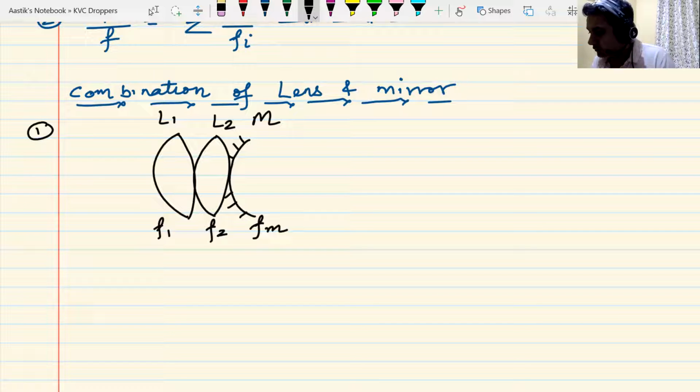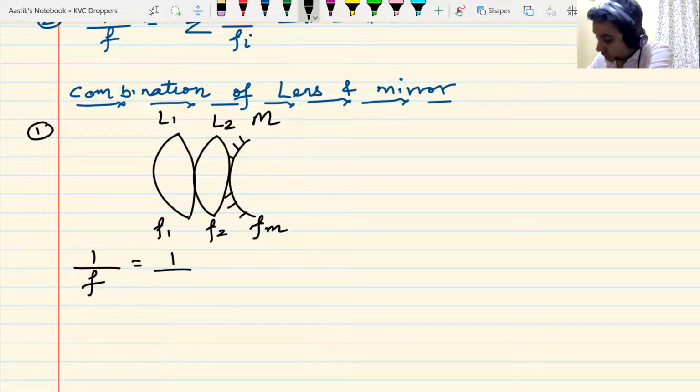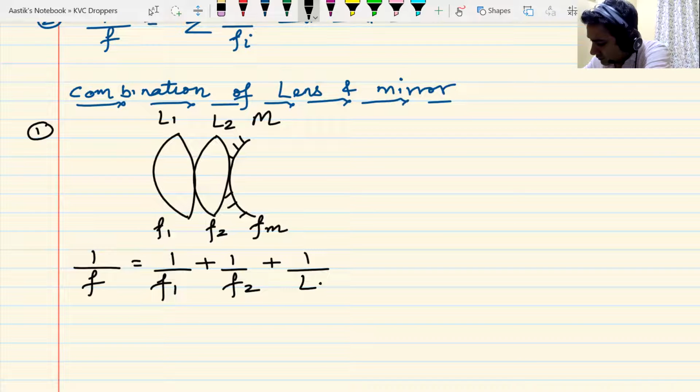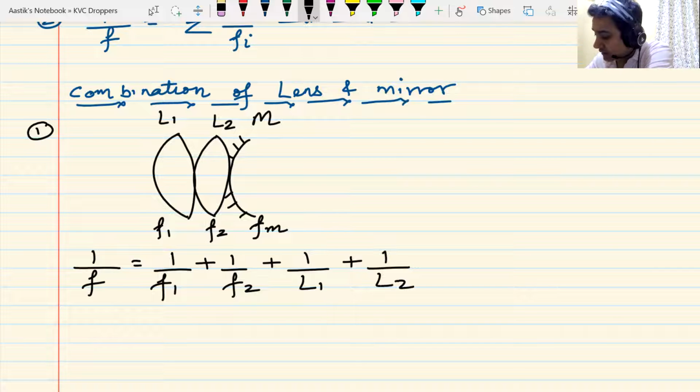1 by f is equal to 1 by f1 plus 1 by f2 plus 1 by L1 plus 1 by L2. Okay, what is L1?